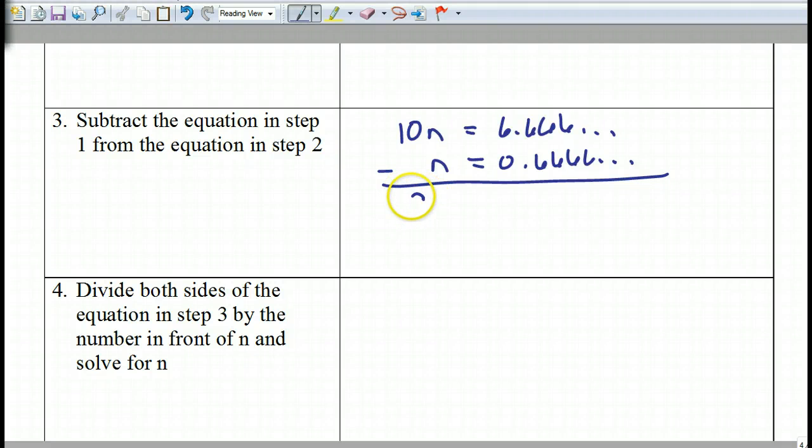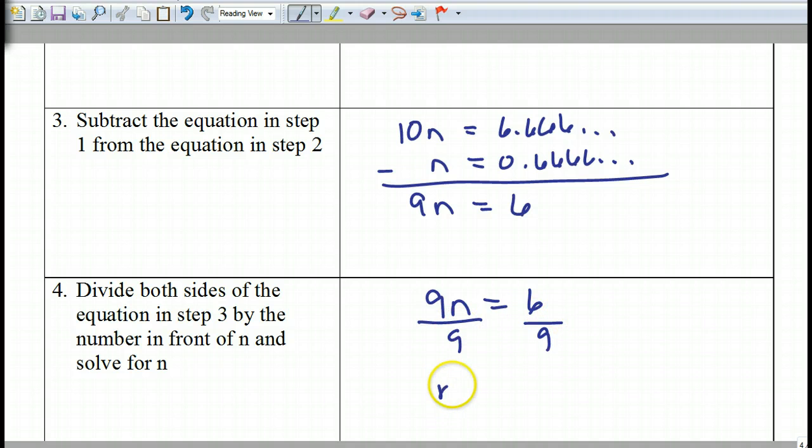So it'll be 9n equals 6. Then we would take that equation and solve for n. We're going to divide both sides by 9. So n is 6 divided by 9, and if I reduce that, that'll be 2/3. So the number 2/3 is the same thing as saying 0.6666 repeating.